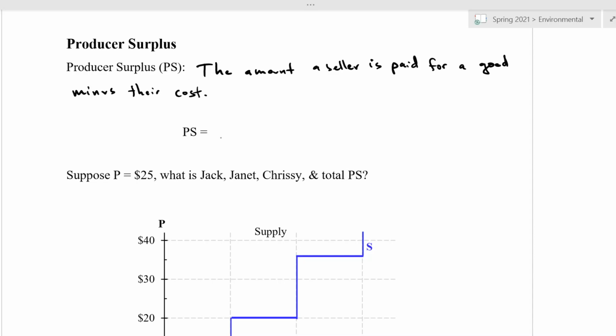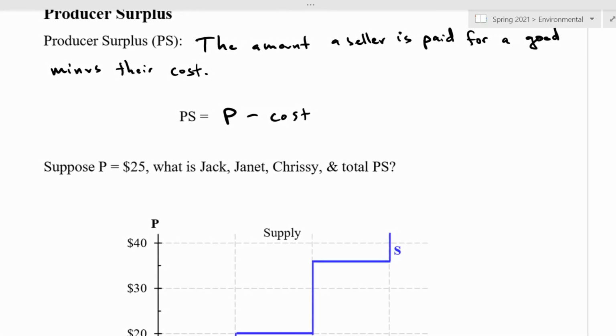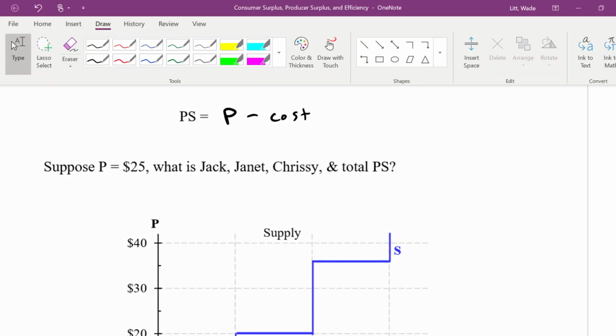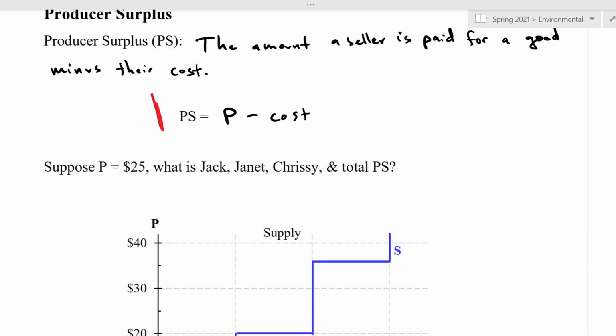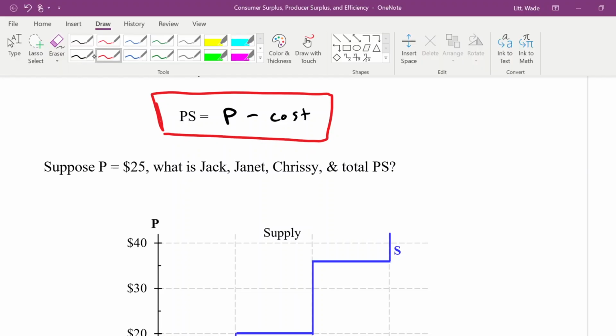So what are they paid? They are paid the price. And what is their cost? We're just going to write that as cost. And so consumer surplus is willingness to pay minus price. Producer surplus is price minus cost.